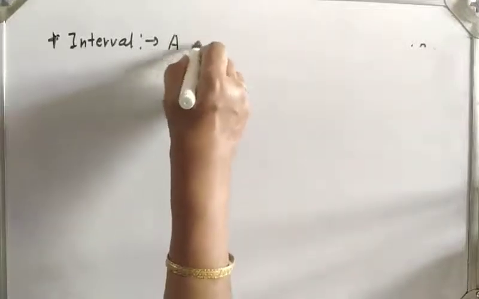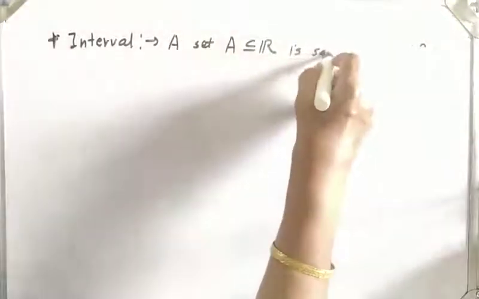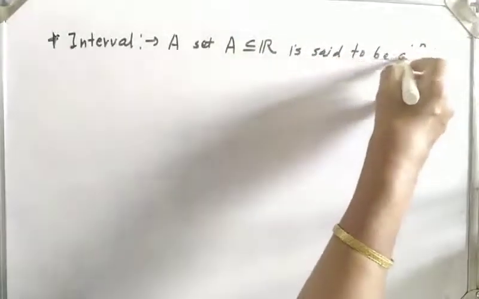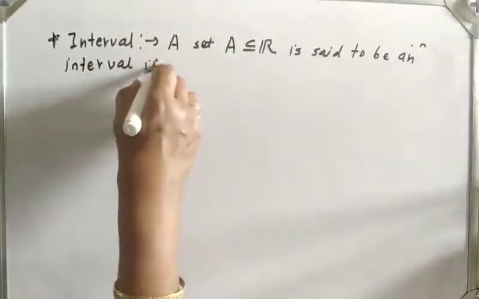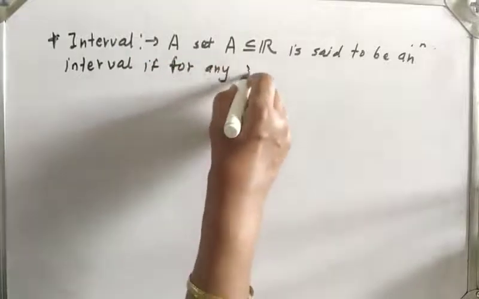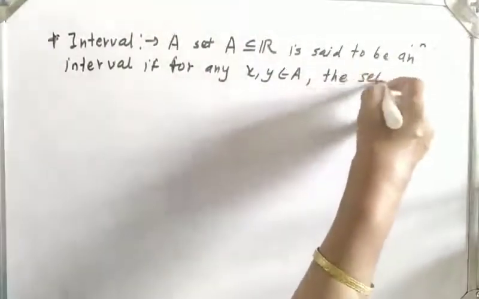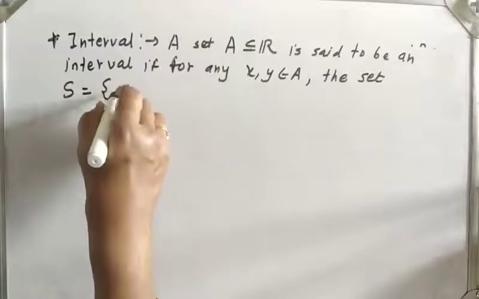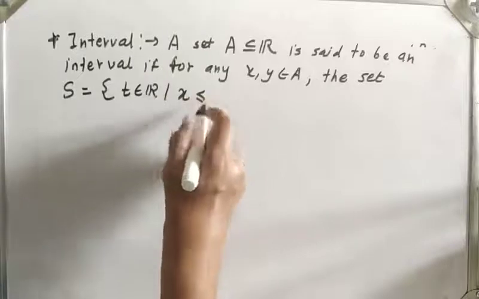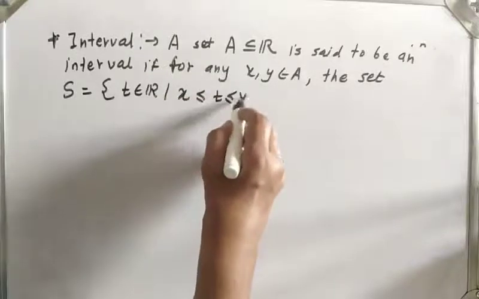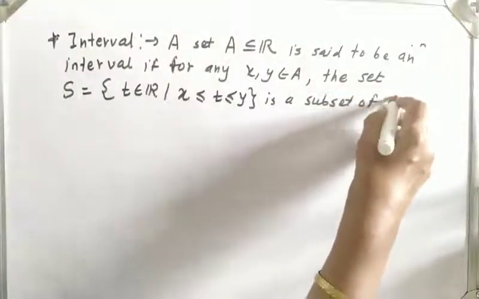A subset A of R is said to be an interval if for any x, y belongs to A, the set of T belongs to R such that x less than or equal to T less than or equal to y is a subset of A.